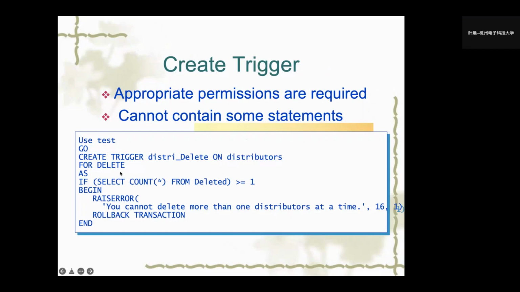So it says if you have deleted a lot of tables which is larger than 1, then it will report an error that you can't delete more than 1 distributor at a time. So it will not allow this kind of deletion, which is more than two tuples.